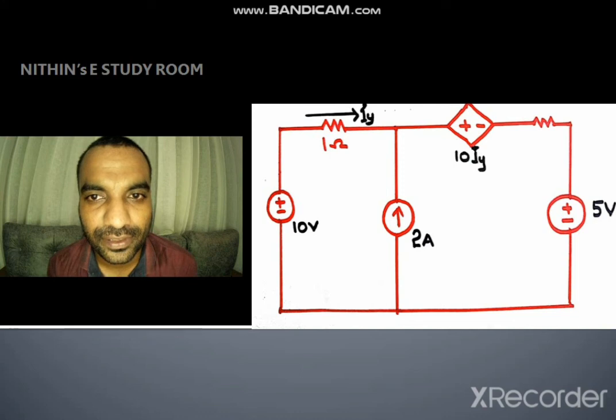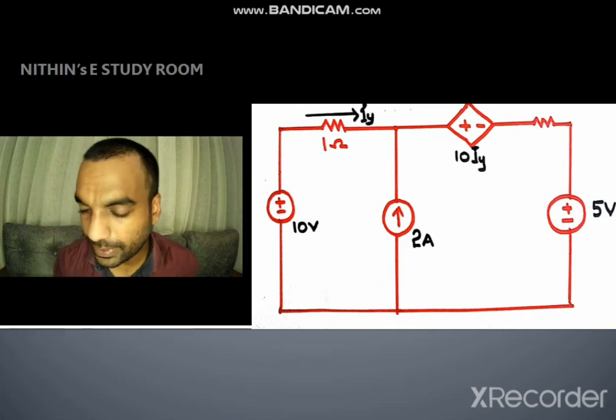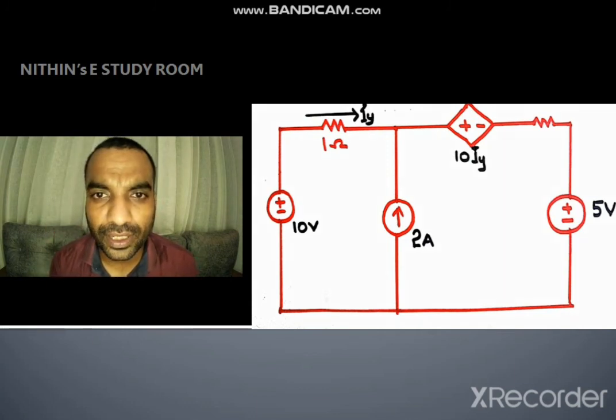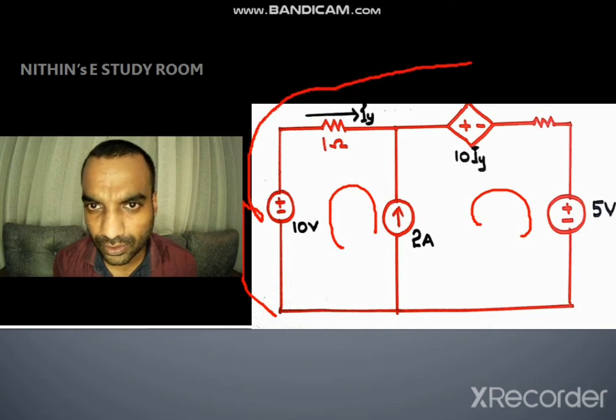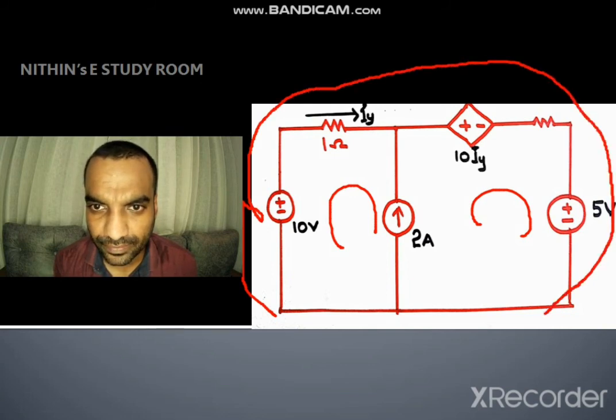This is the question. So you have to consider the external loop, because loop analysis means you can take this closed loop, this closed loop, but here I am taking the external closed loop like this. This is the loop I am considering for writing KVL.